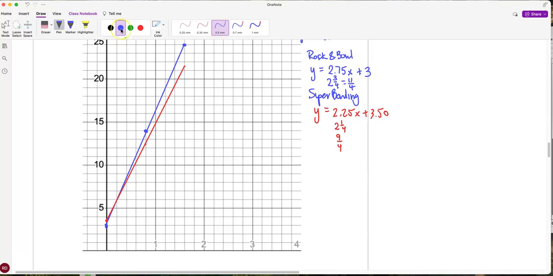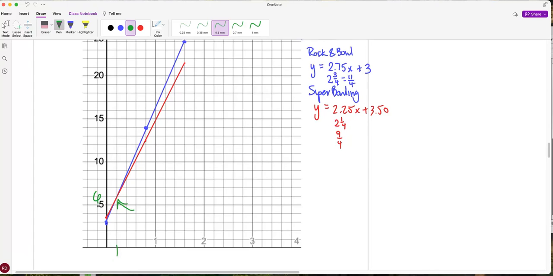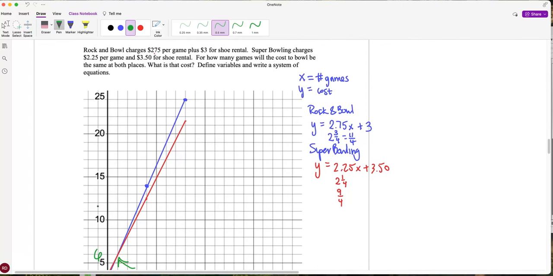So it looks like to me, I am hopeful that they intersect right there. That would be at 1, 6? That's my question. Is that the place where they are the same? So if I were to use a 1 in this first equation, if you plug in a 1, did I do that right?